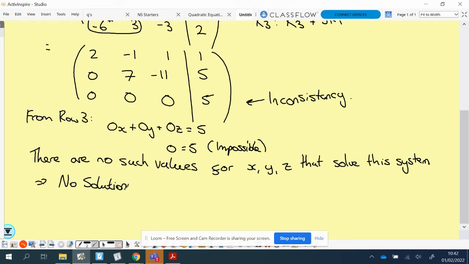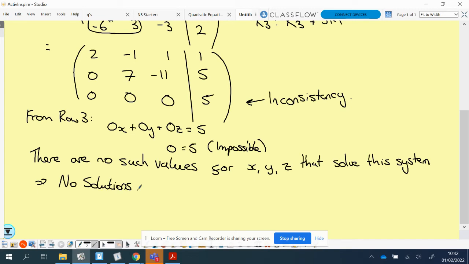So you can see that our system broke down. That last row gave us something that was impossible. It can't happen, therefore there were no solutions for x, y, z that would have solved those equations. Do you see how nothing really changed for our steps? We're still in Gaussian elimination to get that step there, but it gave us something that we could no longer solve. We've got no solutions.